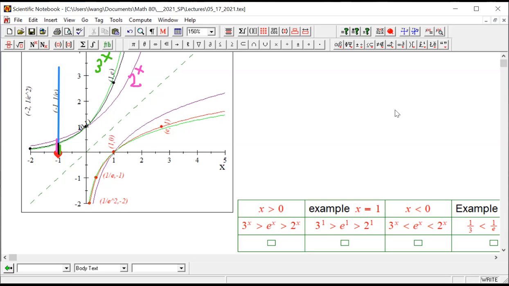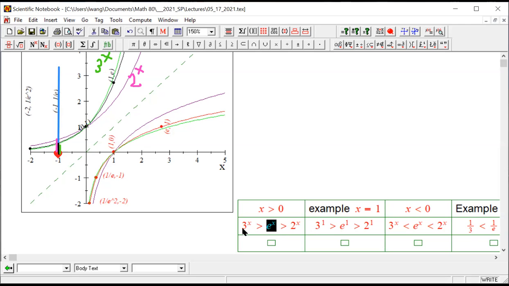Isn't that interesting? You follow me? Do you guys get that? So depending on whether x is positive or negative, the function values, in terms of their sizes, have differences. e to the power x, of course, is always in between.